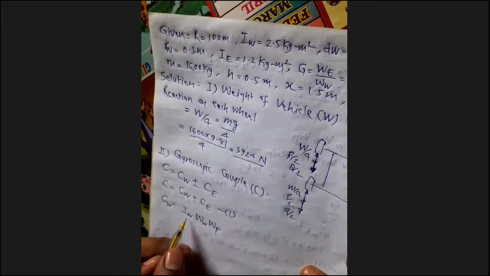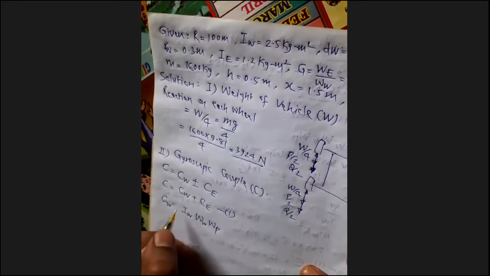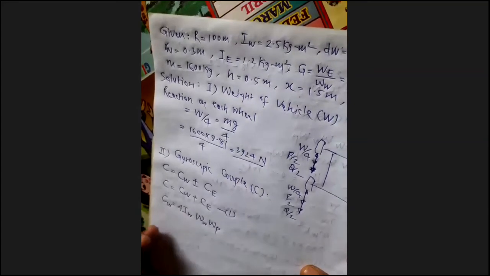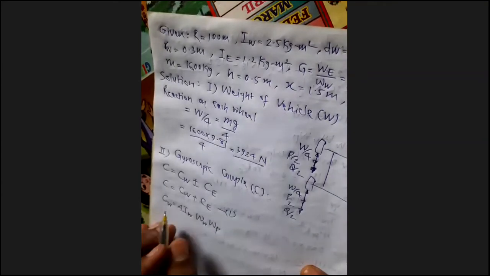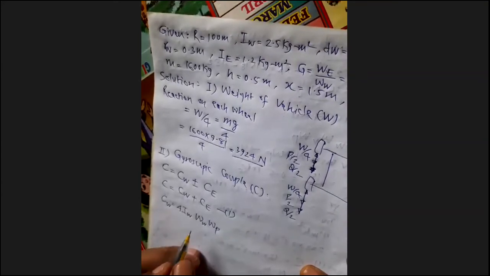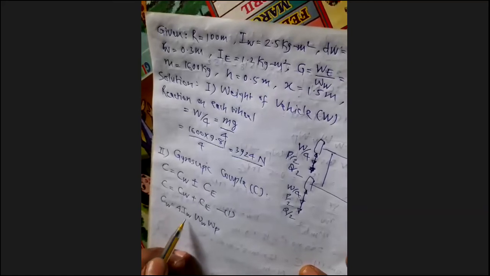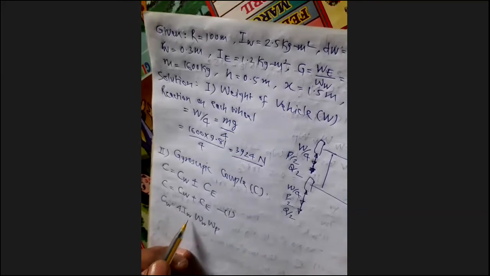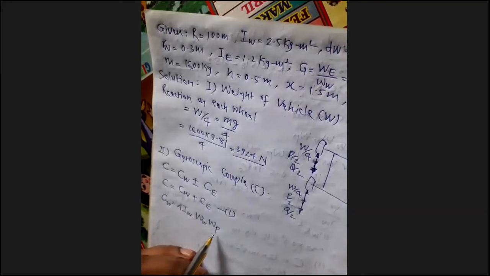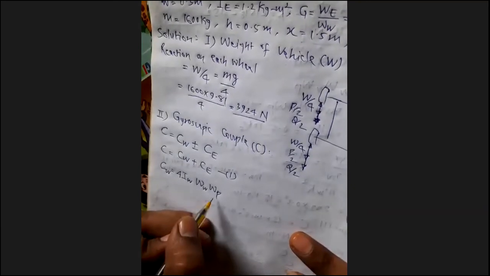In order to find the gyroscopic couple due to all four wheels, we will multiply it by 4. So using this formula, we can find what is CW. Now to use this formula, we require the value of Iw, omega W and omega P. Iw is given, omega W and omega P are not given. So next step is to find omega W and omega P.